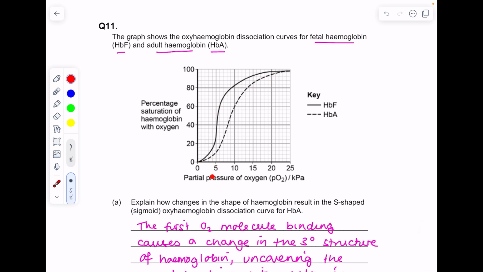So if we look down here at a low partial pressure of oxygen, you can see that the adult hemoglobin, which would be representative of tissues which contain lots of CO2 and low oxygen concentrations, has a lower percentage saturation with oxygen, which means that oxygen will be more easily unloaded, which is sensible because that's needed in aerobic respiration.